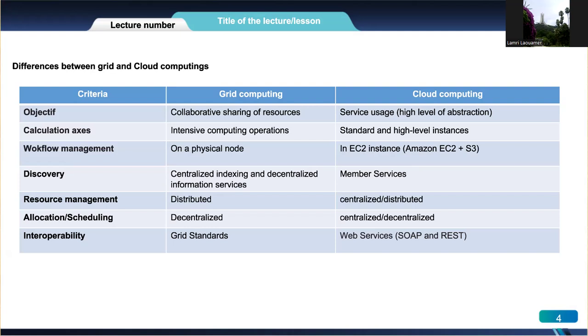Users often need to manually allocate and manage resources, which can be complex and time-consuming. This manual resource management makes grid computing less agile in responding to fluctuating workloads.